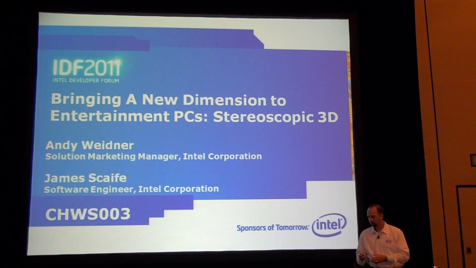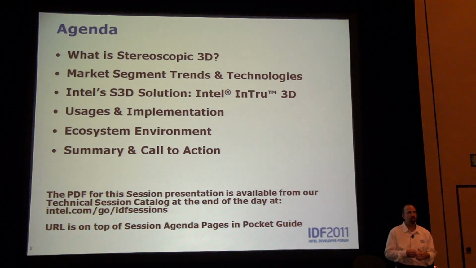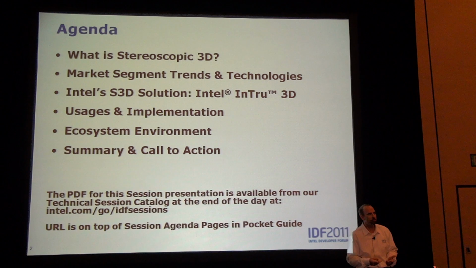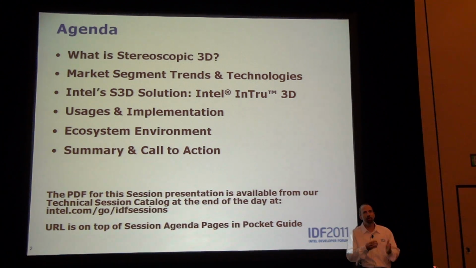Okay? All right. So our agenda for today is what is Stereo 3D and how it's different than what you hear about with normal 3D, if there is a normal 3D. Some of the market segment trends, some of the technologies around 3D that are out there today. We will cover both glasses and glasses-free 3D solutions.